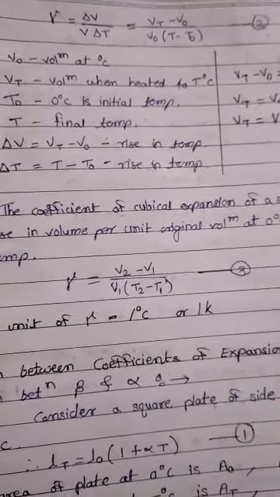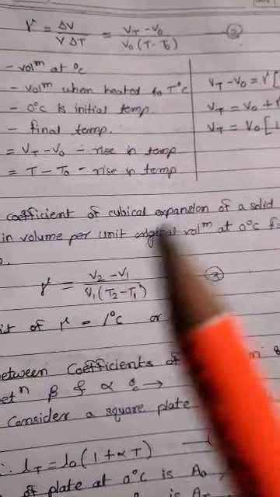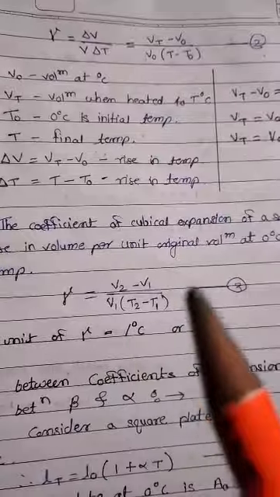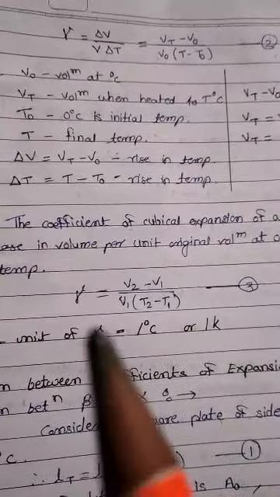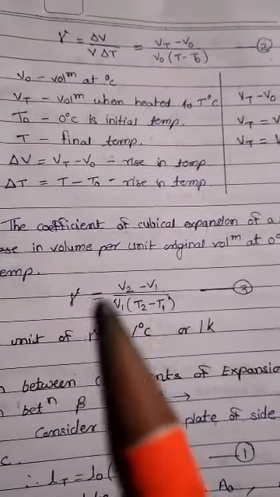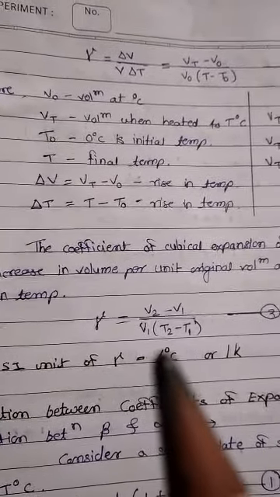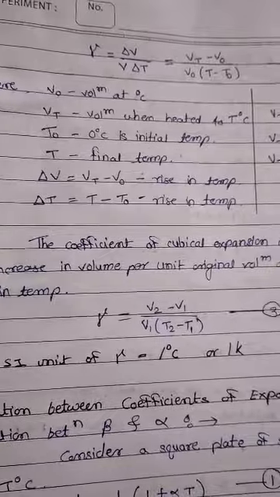So this formula and the earlier formula are different forms of the formula for gamma, the coefficient of cubical expansion. The SI unit of gamma is per degree Celsius or per Kelvin.